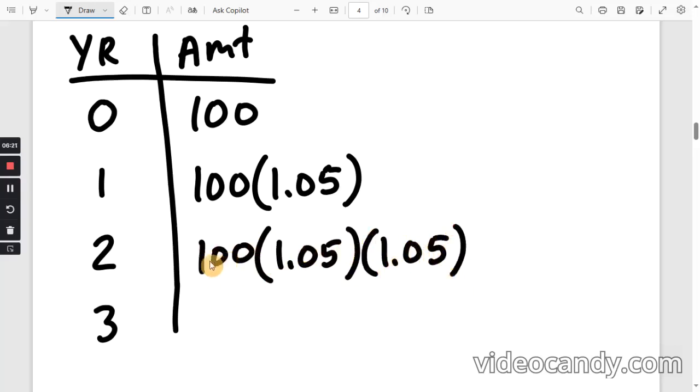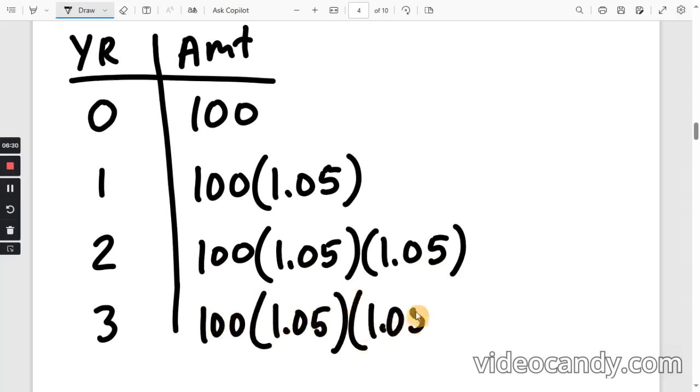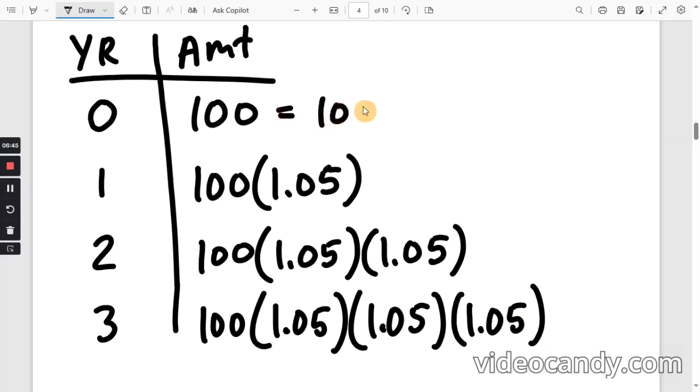Okay, and again, we're going to take whatever you got here. So that's going to be 100 times 1.05 times 1.05, whatever that number is. You're going to take that amount and add 5% to that new amount by multiplying once again by 1.05. Okay, so basically, this first one is 100 times 1.05 to the power of 0. Okay, this is just 1.